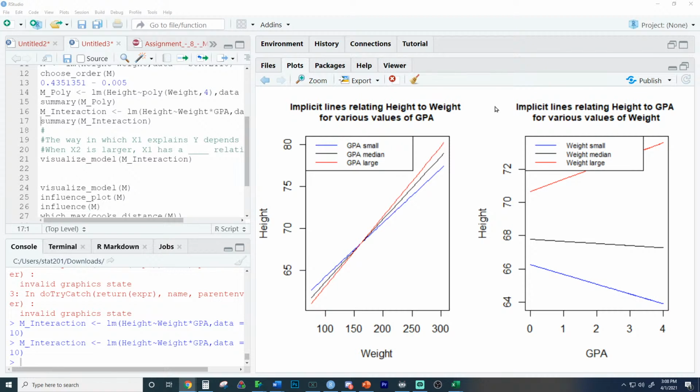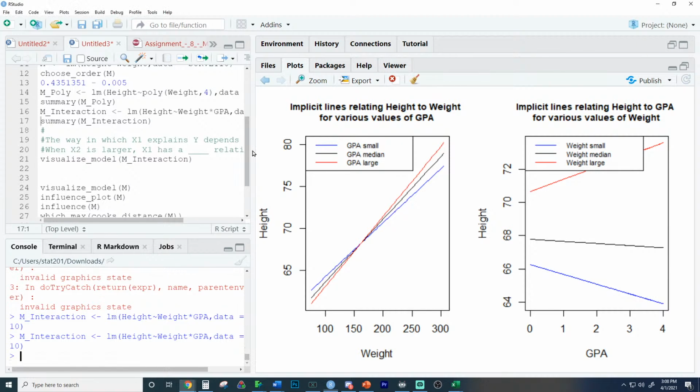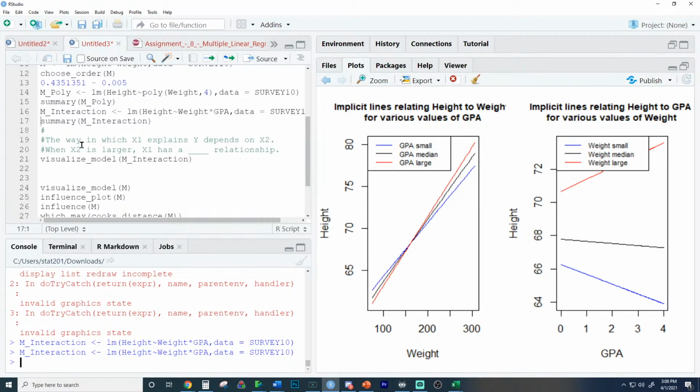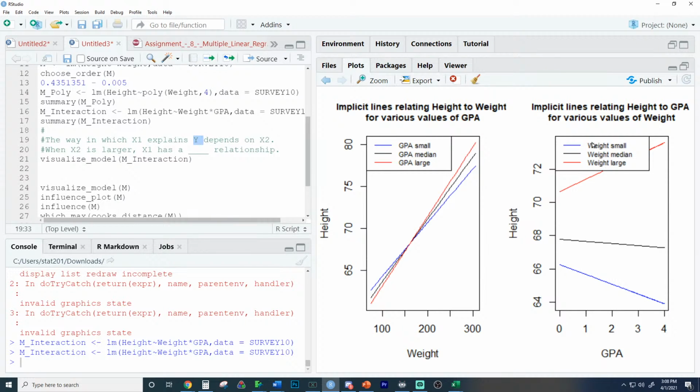And why? Because of the interaction term, the way in which, let's look at our notes right here, the way in which GPA explains height depends on somebody's weight. When somebody's weight is larger, then GPA will actually have a positive coefficient. It's going to go from a negative to a positive coefficient from smaller to larger weights.